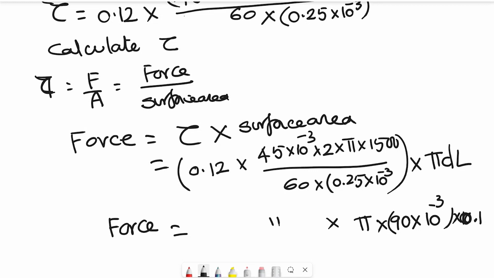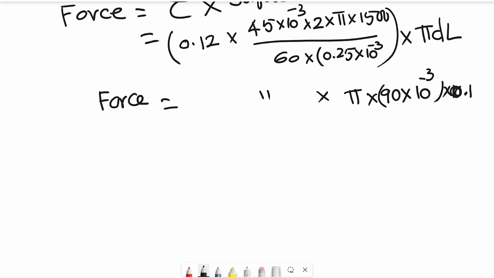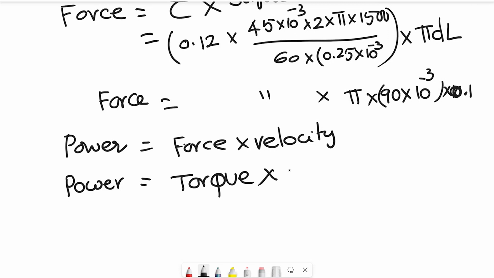Once we get the force, power is equal to force into velocity. There are different formulas. That is one you can put. Or power is equal to torque into angular velocity.